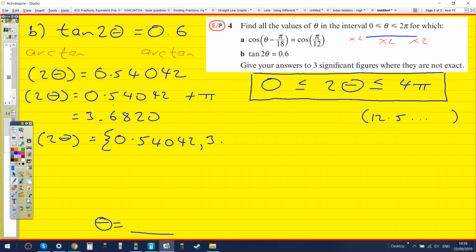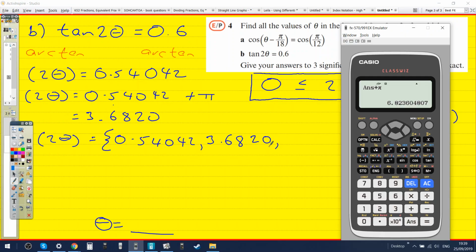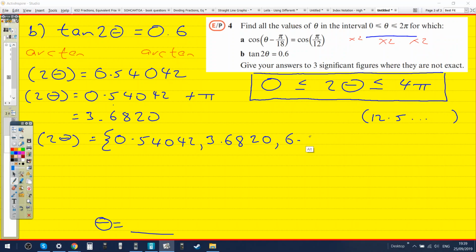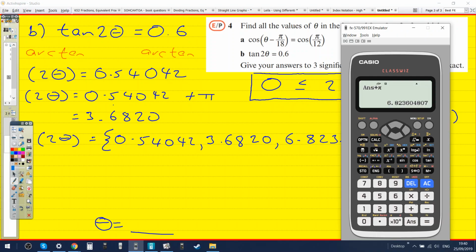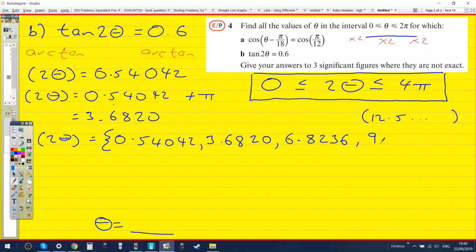We add pi again, 9.9652. And that's too high. So these are our values. Okay. And then we subtract. No, we divide it by 2. Yeah.